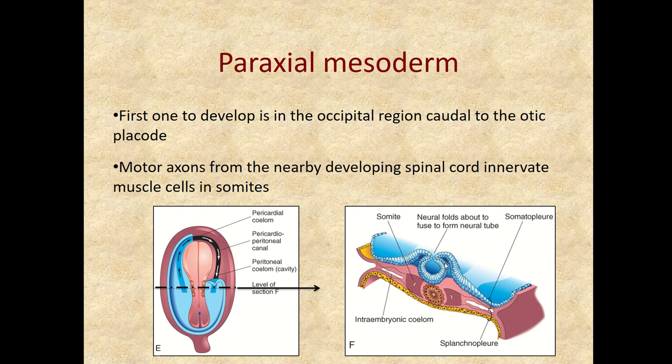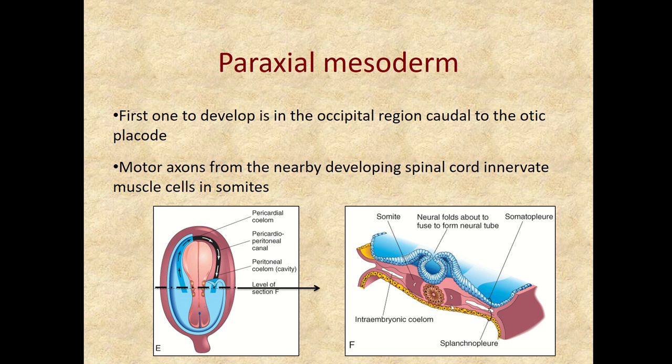And so what that looks like here, if you look at this section, that is a frontal view of the embryo. Here you can see that these are the somites developing here, and the first one is going to develop just a little bit caudal to where the otic placode, or the section that's going to develop into the ear, is located, and they're going to keep proliferating in a caudal region here.